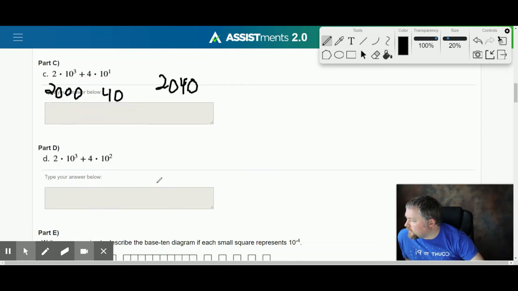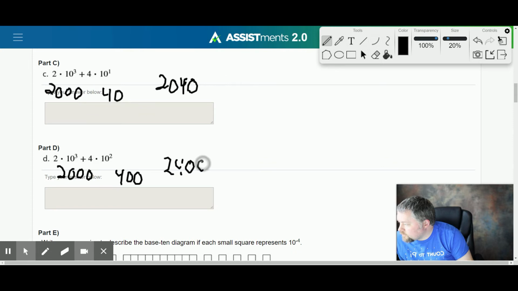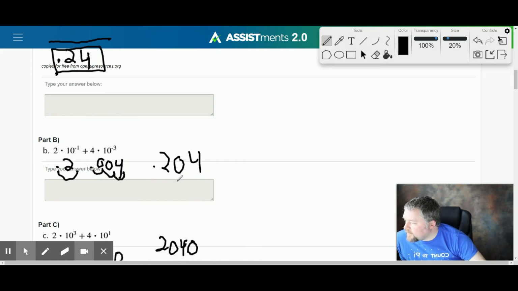Now D, 2 times 10 to the 3. So a 2 with 3 zeros after it. 4 times 10 to the 2, a 4 with 2 zeros after it. We put them together, 402,000. Which could that be?